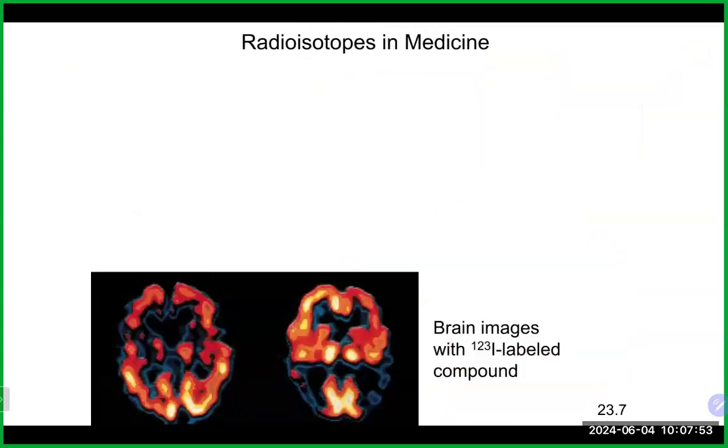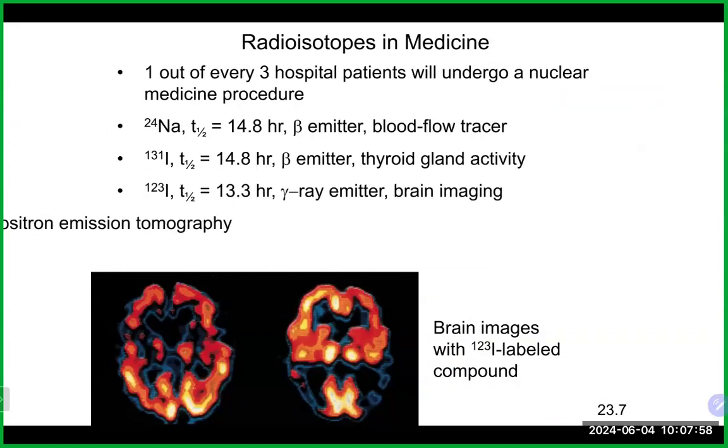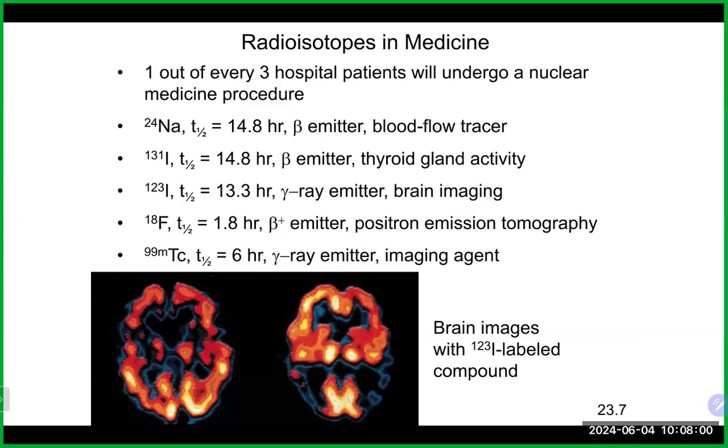Now, we also use radioactive isotopes in medicine. One of the nice things about radioactive isotopes is that, although they are radioactive, they will perform basically the same function in the body as a non-radioactive isotope. So you could use them in a lot of applications.